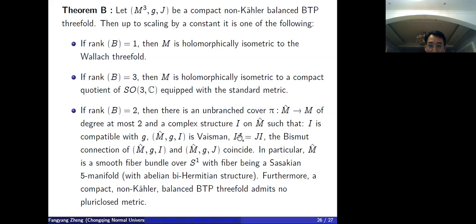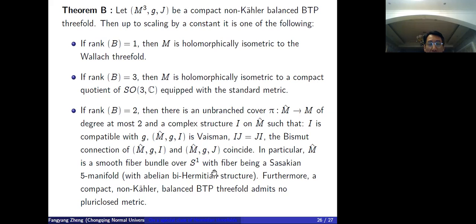See, there's no minus sign. So this is not like the hyperkähler case, right? The hypercomplex case. So this is just the abelian case. With one complex structure, the threefold becomes Vaisman. With the other complex structure, it's the BTP. Because it is Vaisman, there's a nice structure theorem by Verbitsky and Ornea.